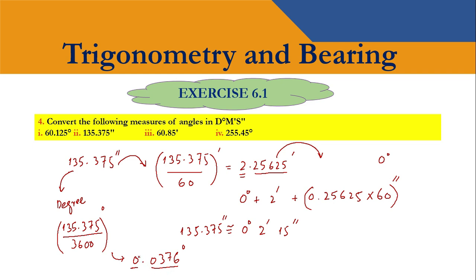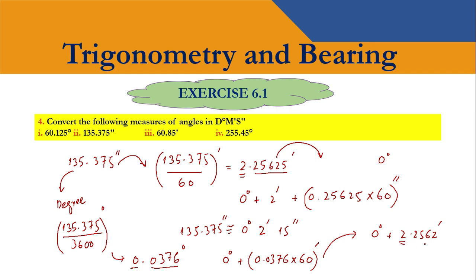You can do it as I solved part number 1. Keep the 0 as a degree and the rest of the fractional part of the degree, convert it into minutes. Multiply it by 60. And this will be converted to 0 degree plus 2.2562 minutes.